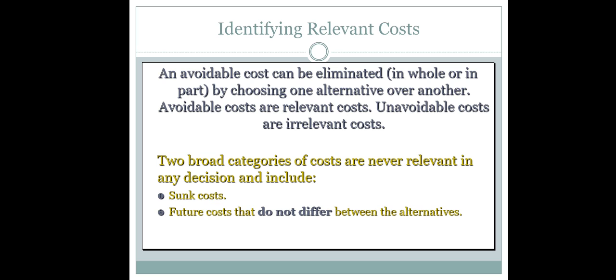If you want to make a decision whether to use the machine, sell the machine, or modify the machine, the cost that you paid, $5,000, five years ago is not relevant, because that cost will not change whether you sell the machine, use the machine, or modify the machine.